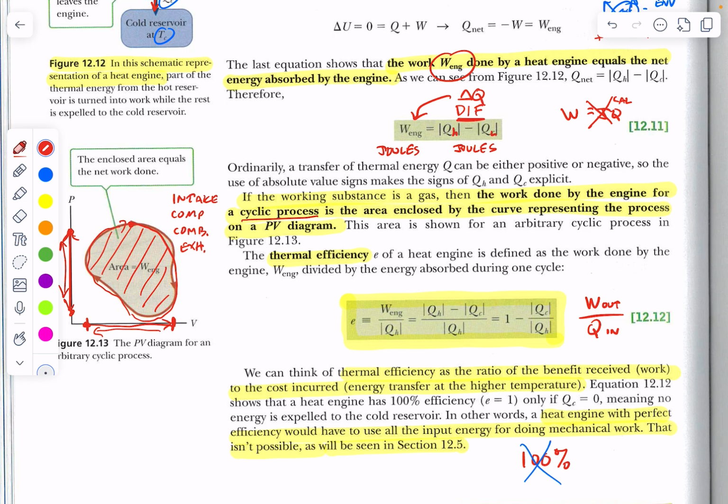So, the work done by the engine in this cyclical process is the area enclosed by the curve. And when you have an irregularly shaped curve like this, you would probably need to use some type of calculus, given that you could know what these particular equations might be, several equations to describe this work.